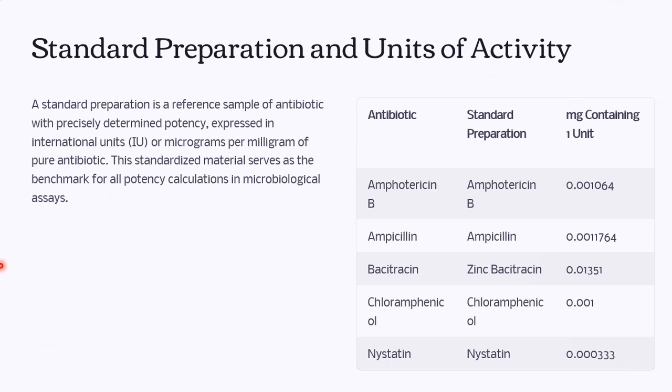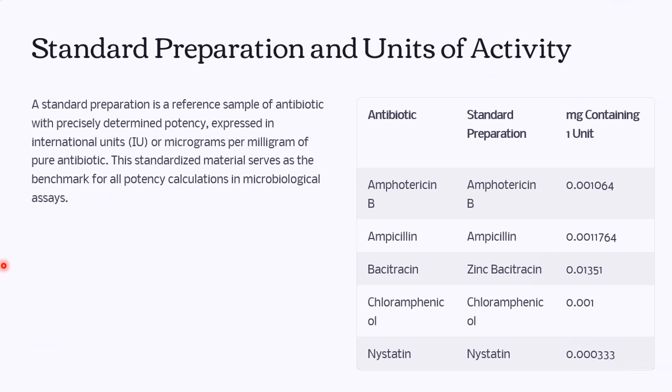Examples of standard preparations for different antibiotic solutions include: for the assay of amphotericin B, we use a standard preparation of amphotericin B of 0.001064 unit.